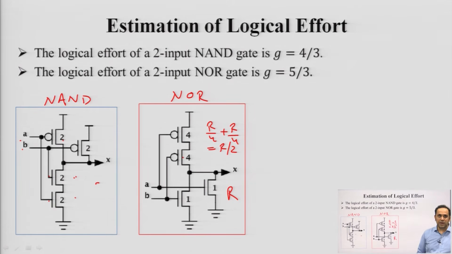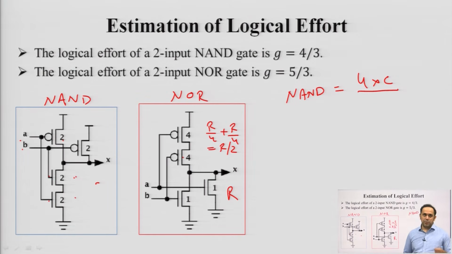If I want to calculate the logical effort, which by definition is the ratio of the input capacitance of the gate to the input capacitance of an inverter with the same output current: for the NAND gate, the input capacitance is 4 times C, where C is the capacitance of the unit transistor. We have already seen earlier that the input capacitance of an inverter is 3 times C. So, you can cancel C and you are going to get the logical effort for a 2 input NAND gate as 4 by 3.